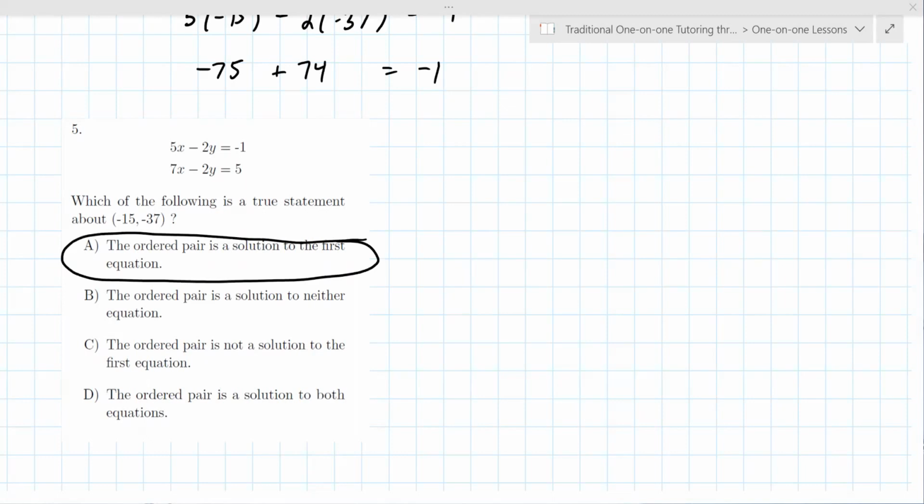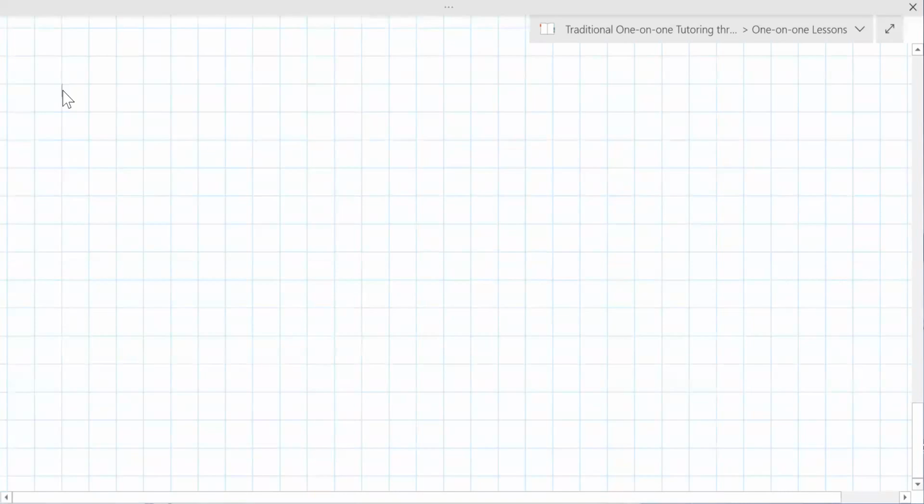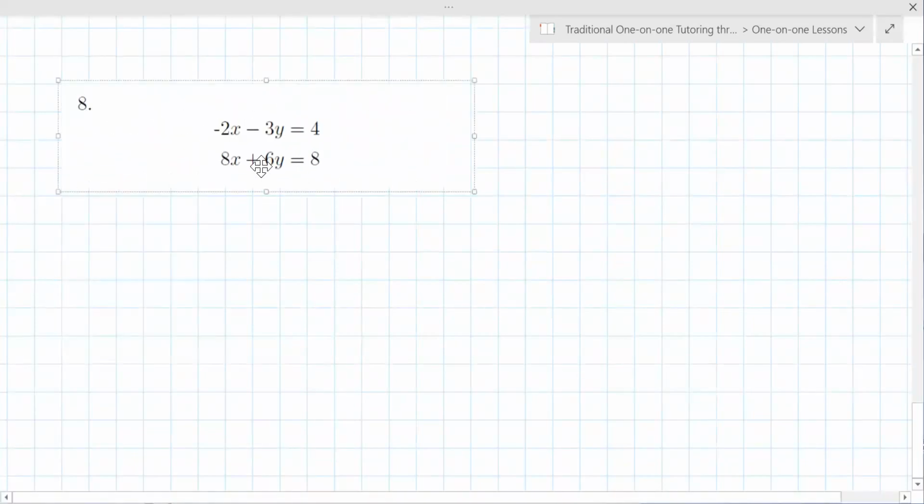Okay, let's try another one here, and then we'll move on to a new topic potentially. So we mentioned that there are other techniques for elimination. When you can't just add the equations, we can't just multiply 1 by -1.